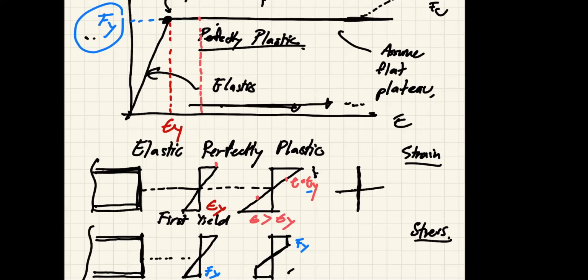But what will happen to your stress diagram is that this is where your entire cross section yields. And this becomes your stress distribution of the cross section where the entire cross section yields.